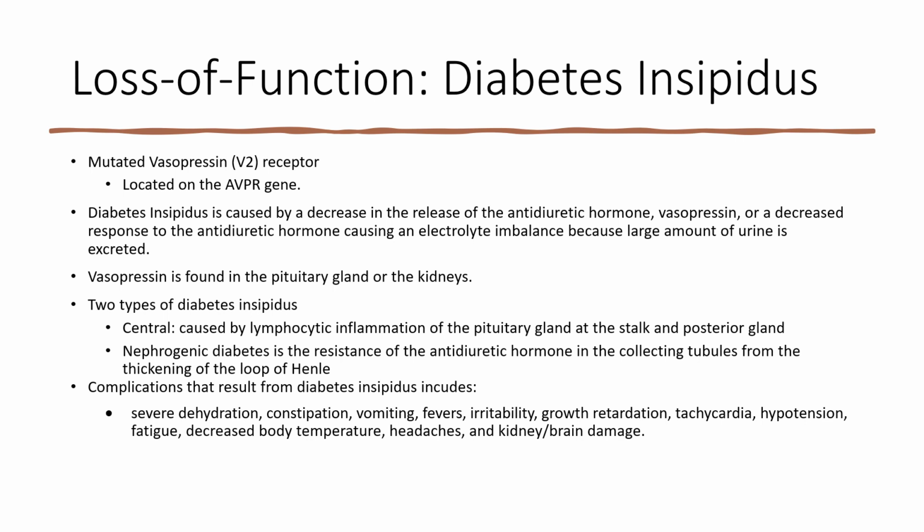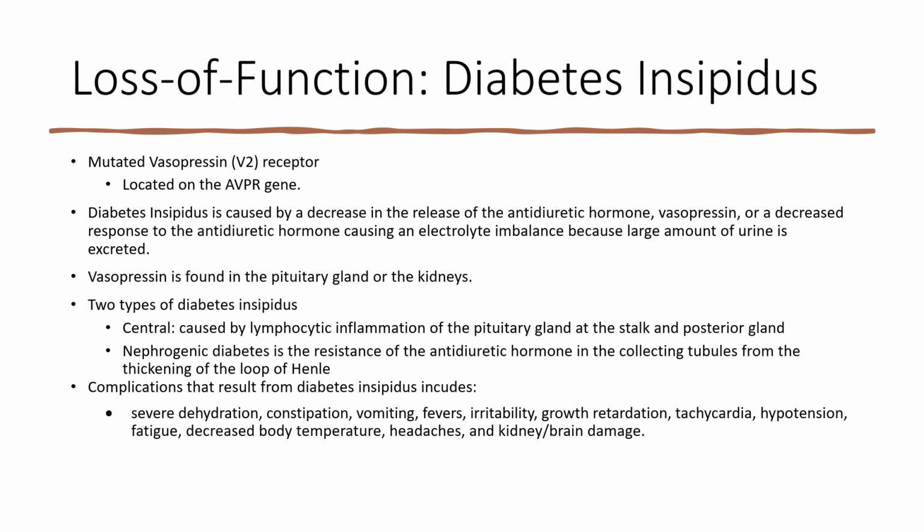So this disease is caused by a decrease in the release of the antidiuretic hormone vasopressin, or a decrease in the response to the hormone, which causes an electrolyte imbalance, which then results in large amounts of urine excreted and consuming large volumes of water. So there is a fluid imbalance that occurs, which does not keep the body at homeostasis.